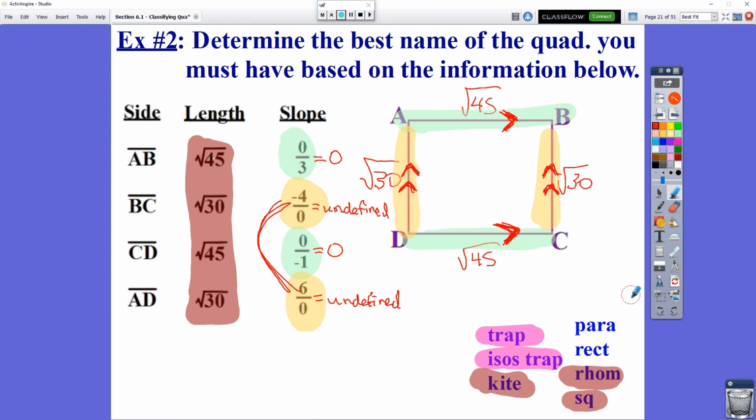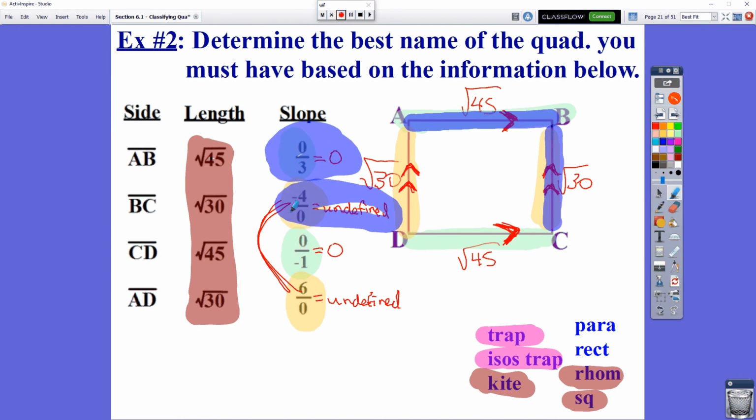What we need to look at next are the adjacent slopes to each other. So let's say we look at the first two slopes in our list, slope AB and slope BC. And so remember, if adjacent slopes are negative reciprocals of each other, opposite reciprocals, then they're really perpendicular.